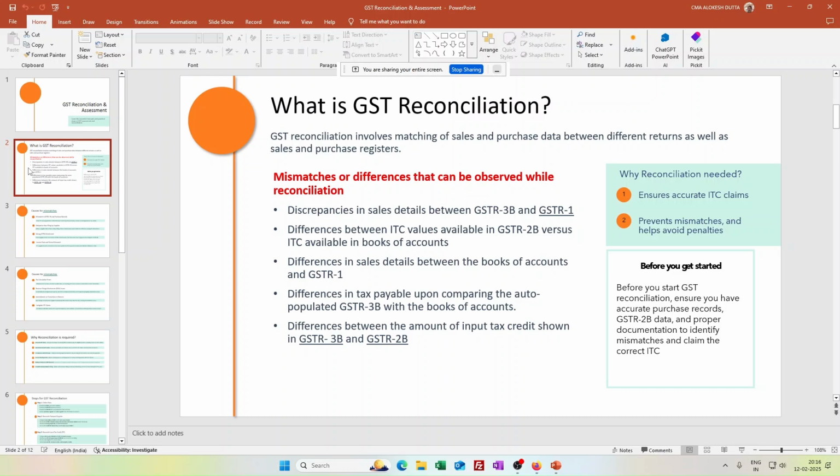So, before going for reconciliation, each and every entry should be checked thoroughly and should be correct as per your books of accounts. For your information, you have books, sales invoices, purchase invoices, amount paid challan, etc.